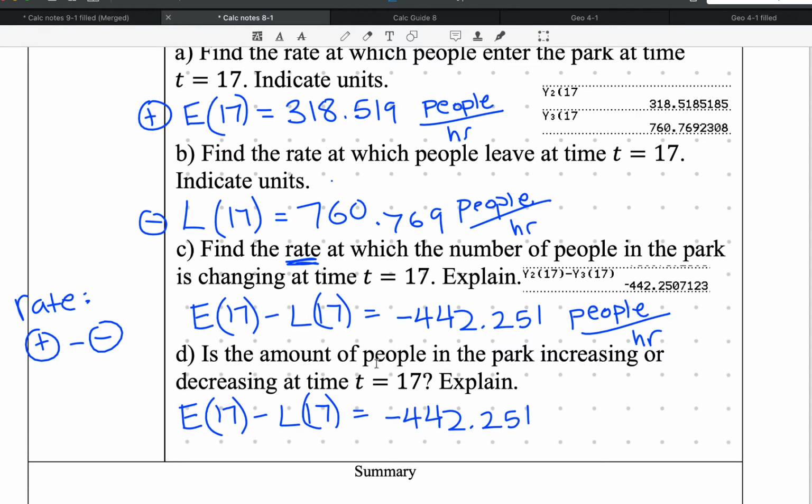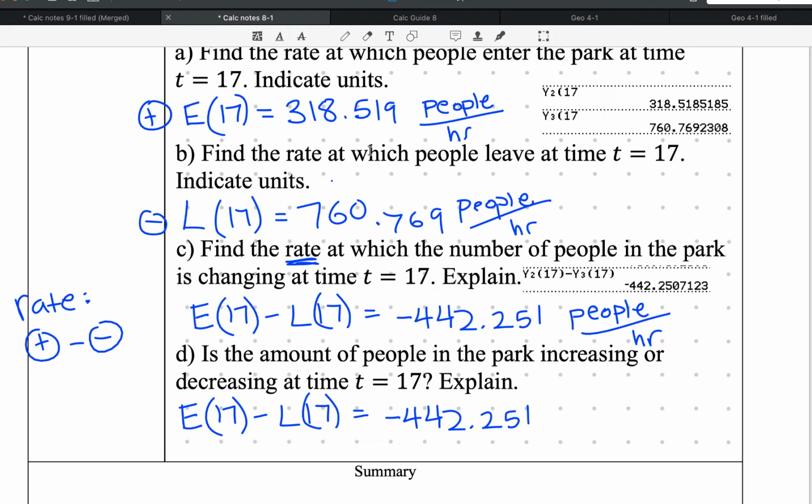Because again, the amount of people is the antiderivative, but it's asking, is that thing increasing or decreasing, which means I'm going to take the derivative of that. The antiderivative and derivative cancel each other out, and it's wishy-washy. I know there's some mathematician out there watching YouTube who's like, that's not quite correct, and you're right. But essentially, it is still asking, is this E of 17 minus L of 17 a positive or a negative number? It's clearly a negative number, so it's decreasing.